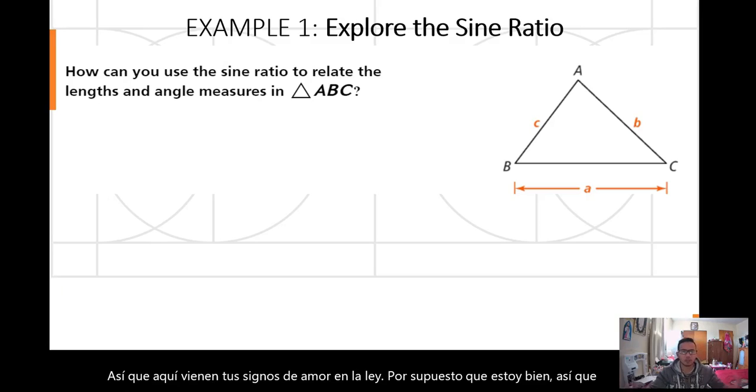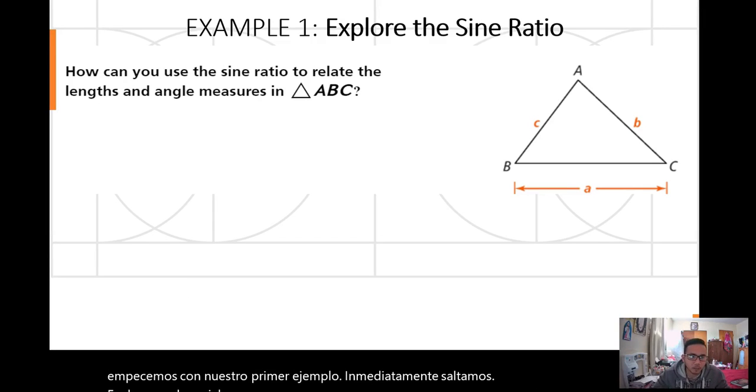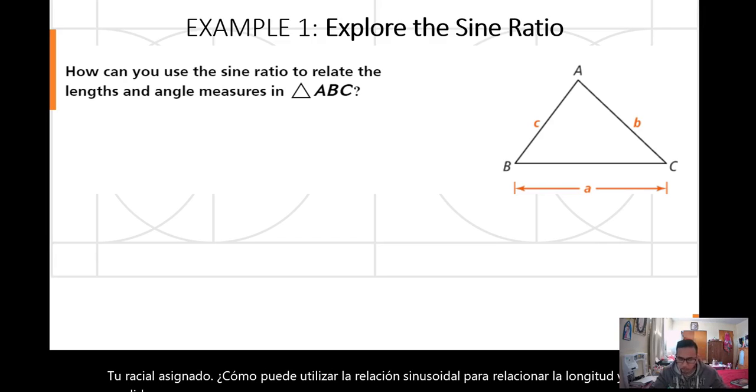We explore the sine ratio. How can you use the sine ratio to relate the length and angle measure in triangle ABC?